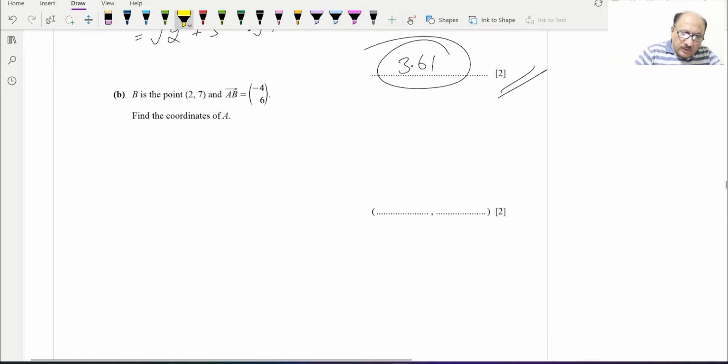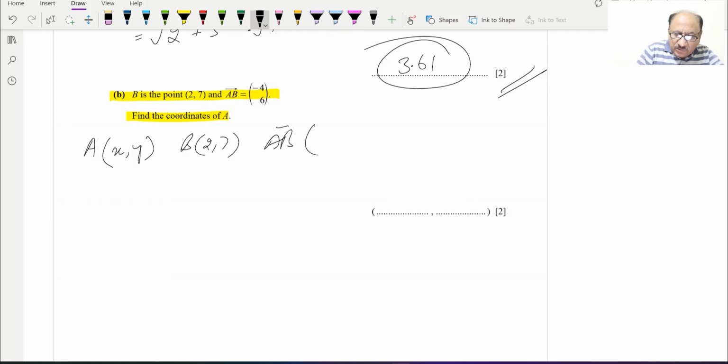Part b says the point B is 2 and 7, and AB is minus 4 and 6. Find the coordinates of A. So we can suppose that the coordinates of A are x and y, and B is 2 and 7, and AB is minus 4 and 6. These are the information provided.